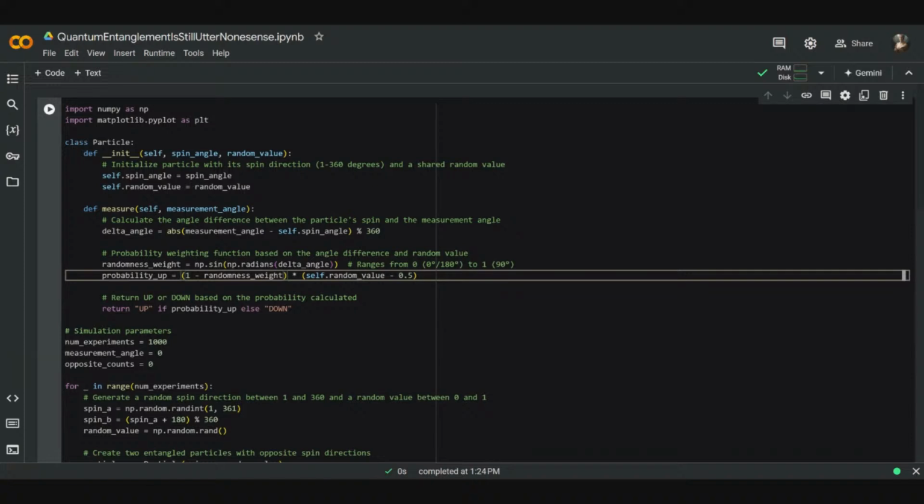So random value minus half. Why would you remove... So it's a mix of the random value and the random, I would say it's just randomness weight plus the random value.